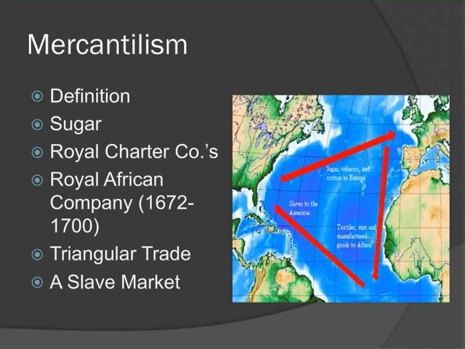Once that happens, they're returned to prison, and while you're waiting to have enough slaves to fill your ship, these slaves you have already bought are still sitting in these prisons or jails, waiting for you to buy enough slaves to fill your ship up.